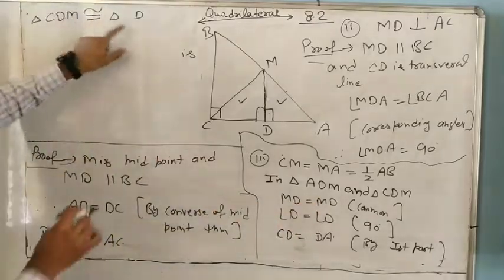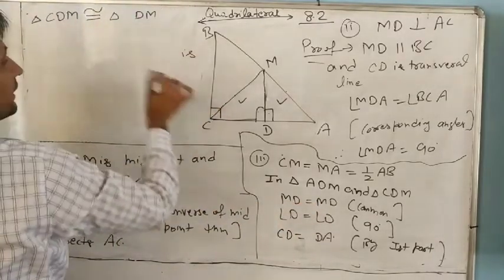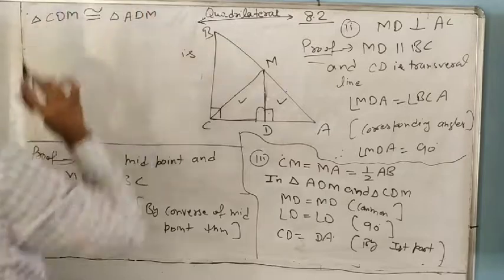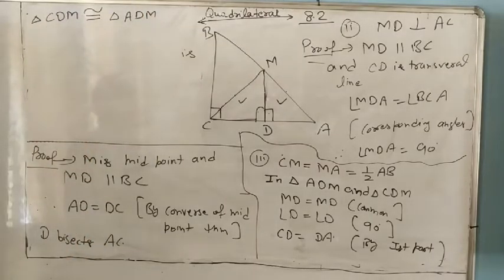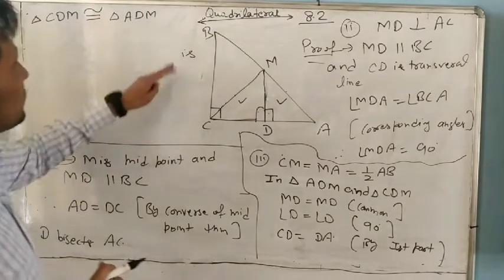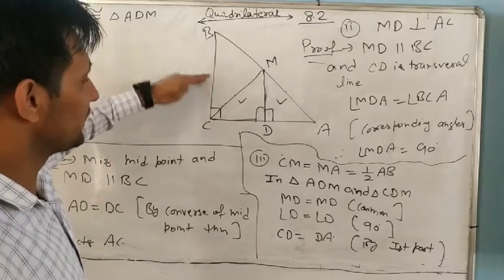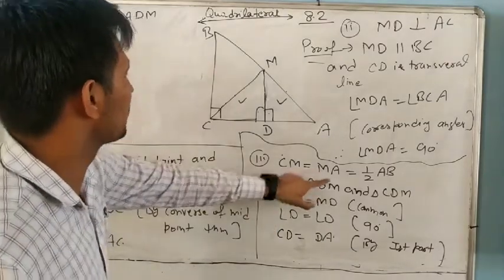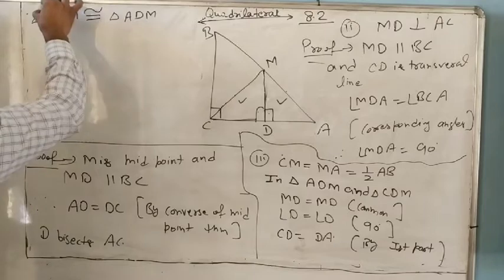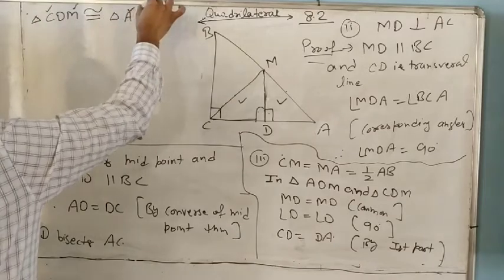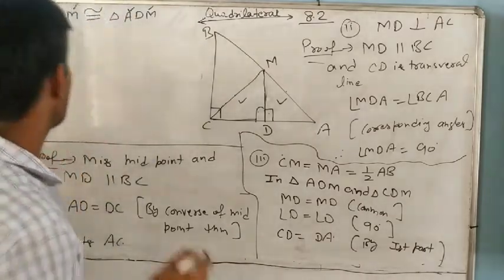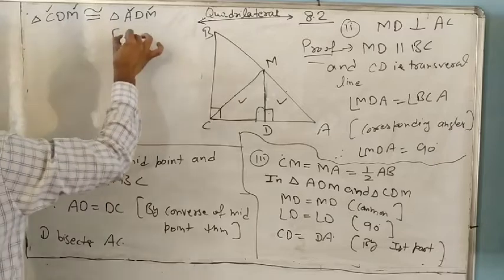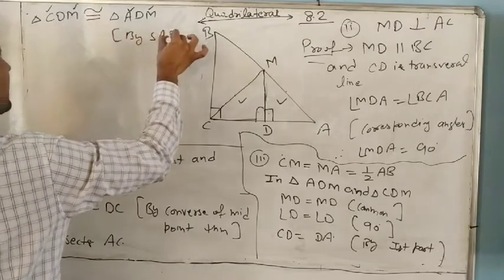So this triangle CDM is congruent to this triangle ADM. But we want to prove that CM equals MA. Now we observe that CM and AM are first and third, corresponding parts. So first we write: by side angle side.